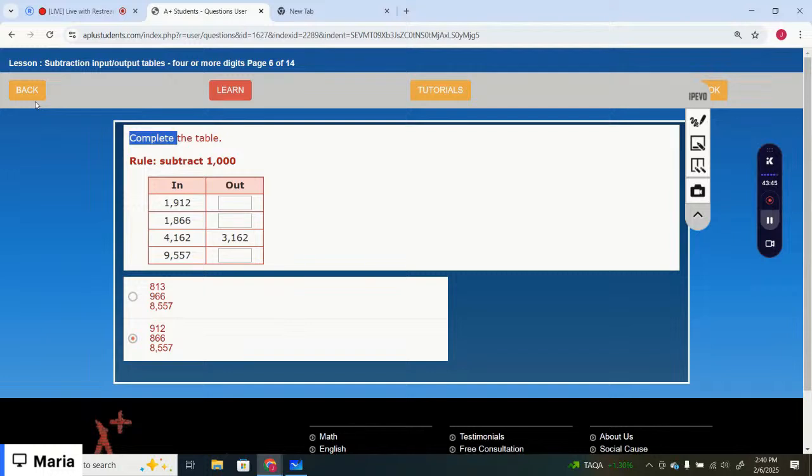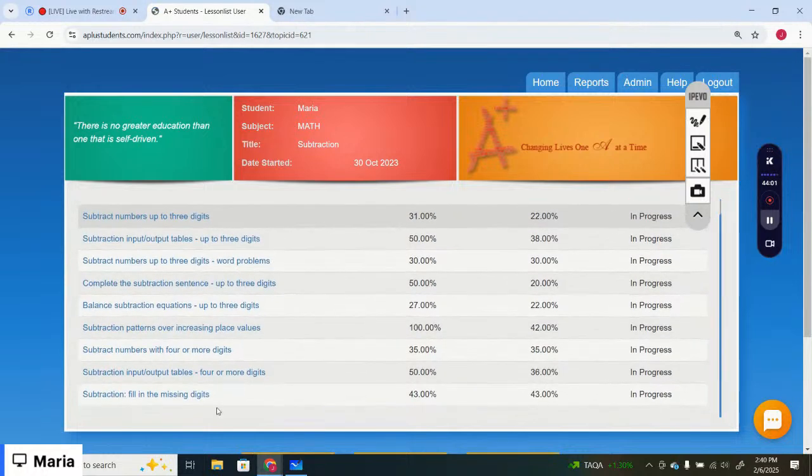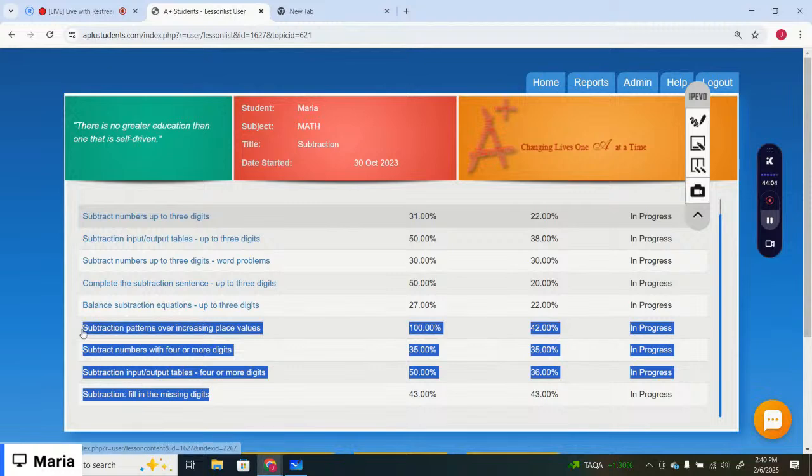So we were working on grade 3 math. Chapter we're working on is subtraction. The lessons we have covered today are subtraction patterns or increasing place values, subtract numbers with 4 or more digits, subtraction input output table 4 or more digits, and subtraction fill in the missing digits.